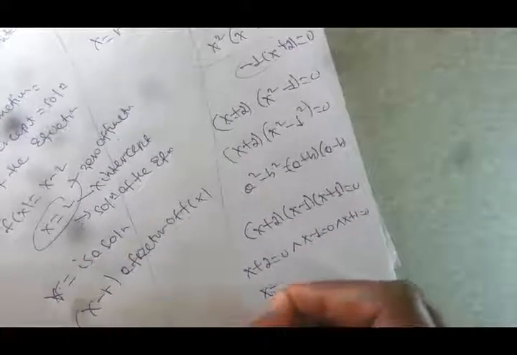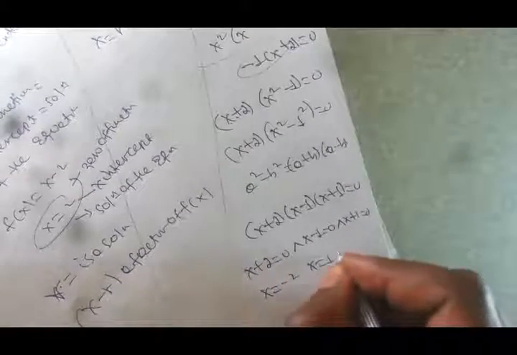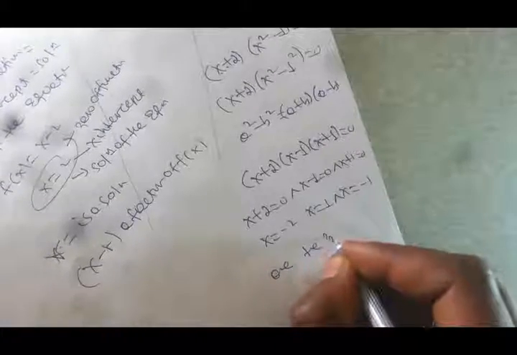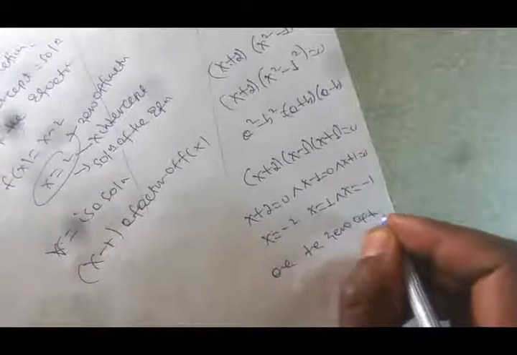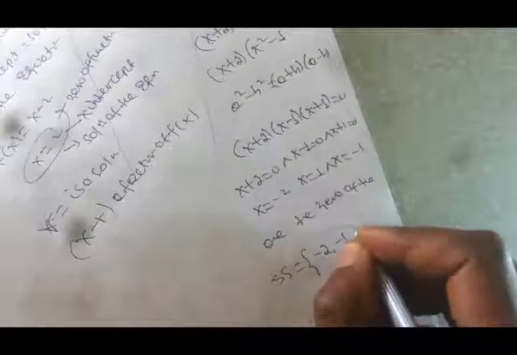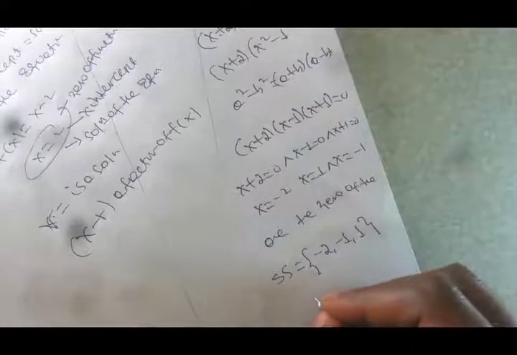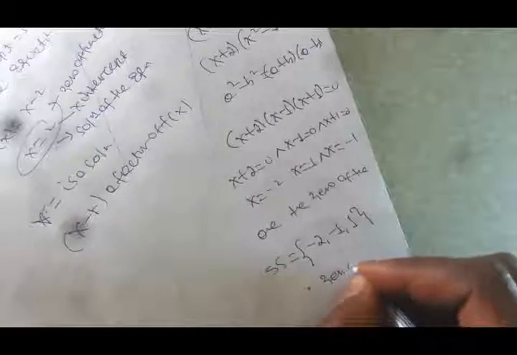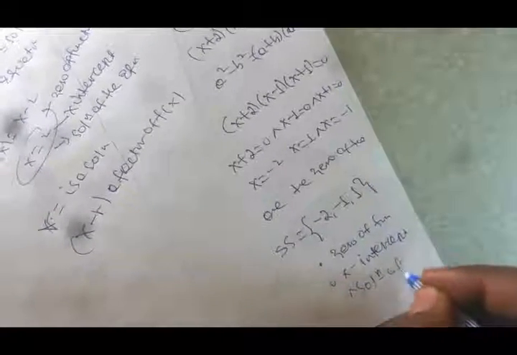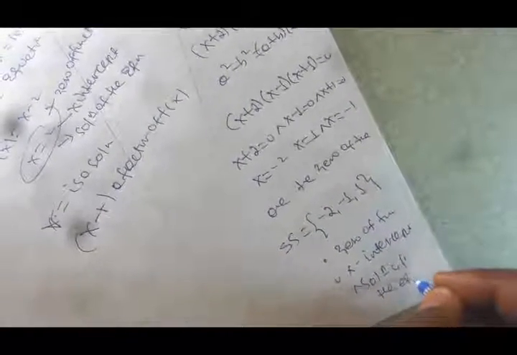Therefore, x equals minus 2, x equals 1, and x equals minus 1 are the zeros of the function. Therefore, the final solution set is minus 2, minus 1, 1, the zeros of a function, either as zero of a function or x-intercept, or solution of the equation.